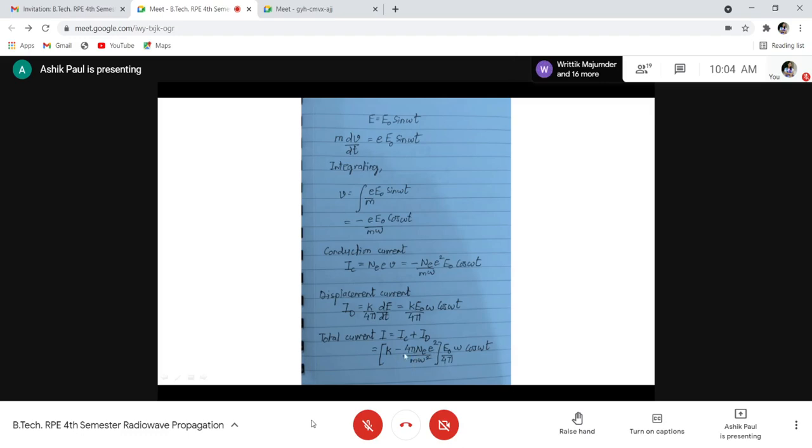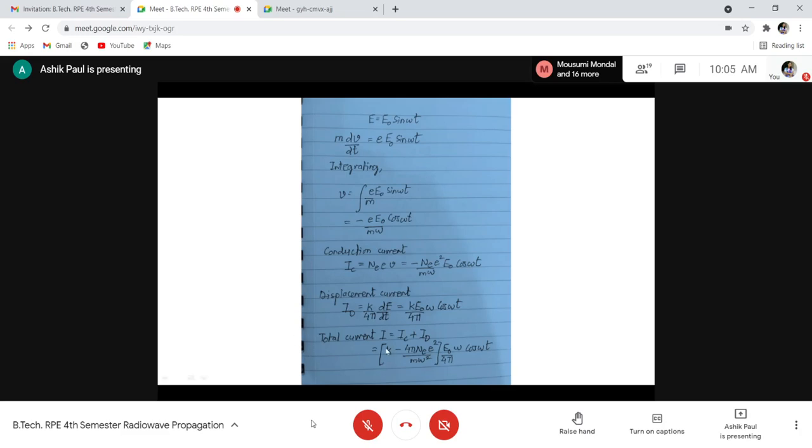So if we compare this particular expression with the standard expression, what we arrive at is very interesting: as if the dielectric constant of the medium has decreased from a value of K to K minus 4 pi Ne into E square by M omega square, simply because we are dealing with a situation where we have electrons moving through a medium which contains a fluctuating electric field.